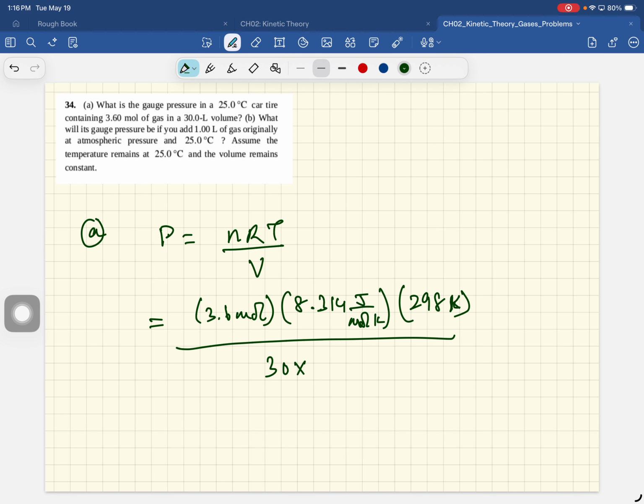Okay. So the new pressure is 3.003 into 10.